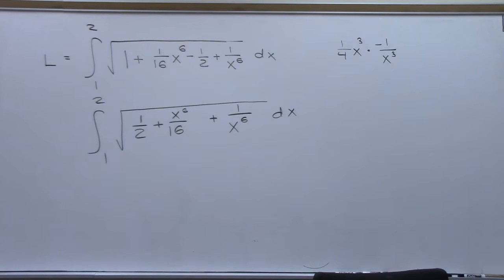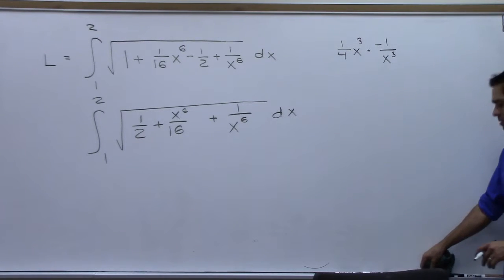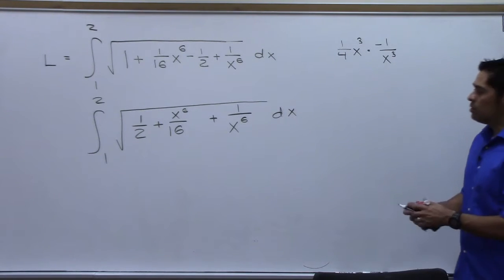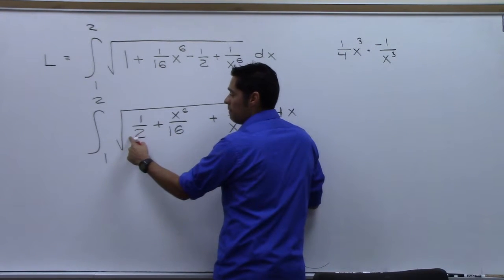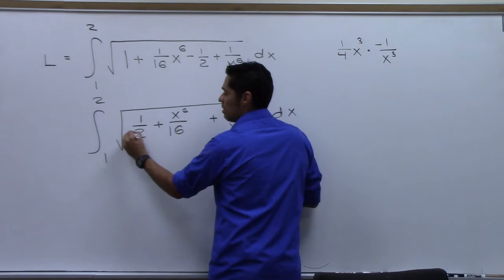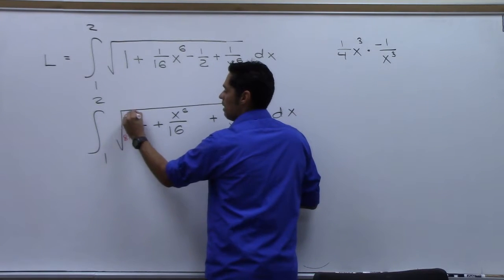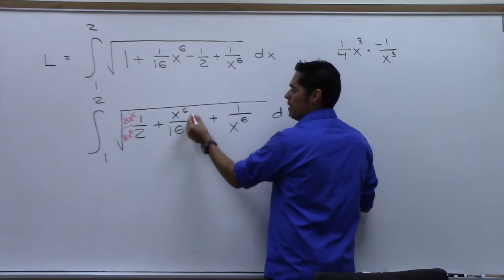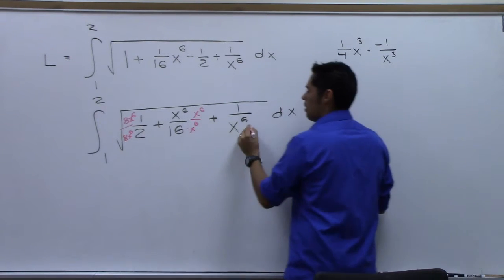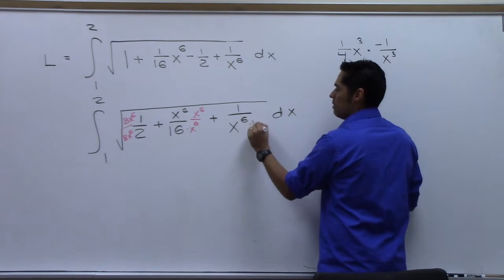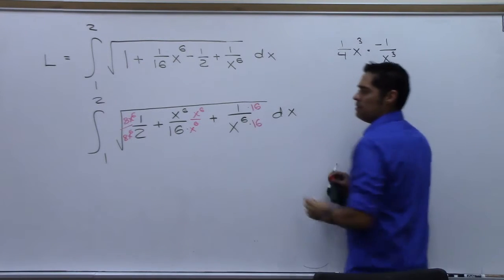You have to turn every one of those into a 16x to the 6th on the bottom. So what do I have to multiply the top and bottom by here to get a 16x to the 6th on the bottom? 8x to the 6th on the bottom, 8x to the 6th on the top. What about on the top and bottom here? x to the 6th, top and bottom. What about here? 16. Understand?